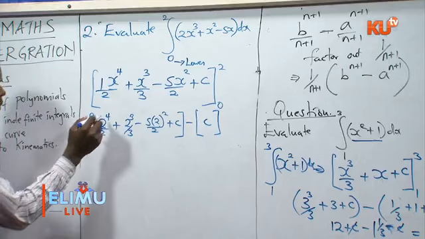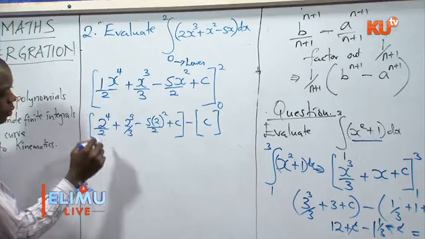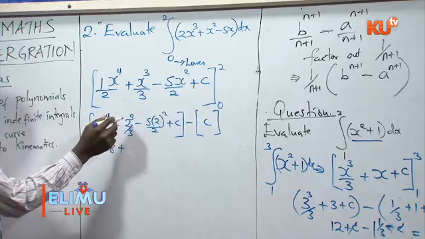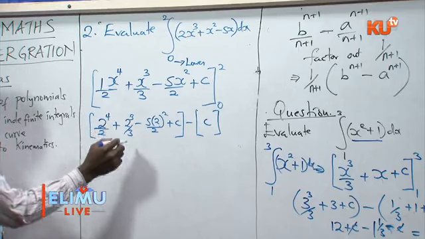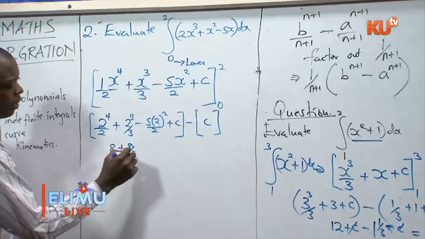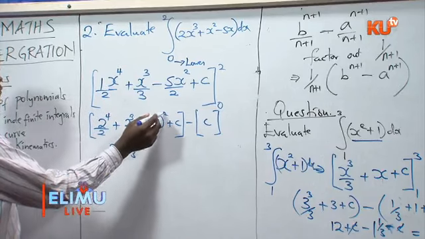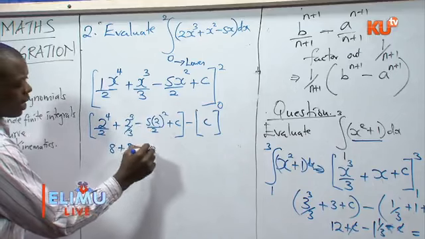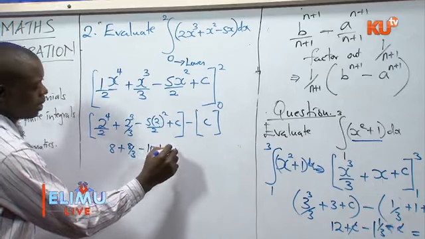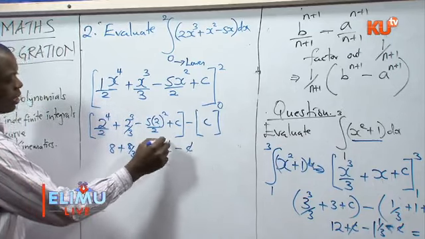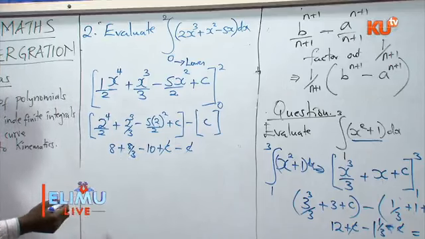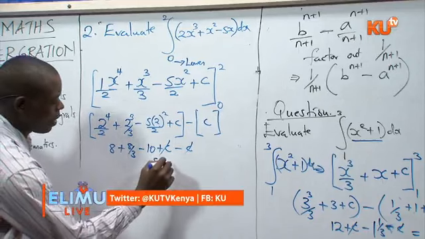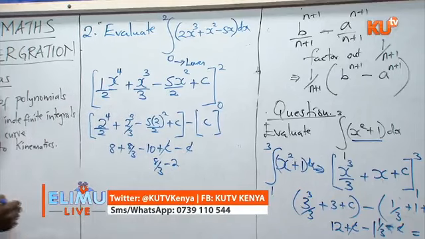So this will happen. 2 power 4, that is 16, over 2 gives us 8, plus 2 power 3, that is 8 over 3, then minus, this is 4, divided by 2, that is 2, times 5, 10, plus c, then minus c, and you will see the c will cancel out. So we are left with 8 over 3 minus 2.